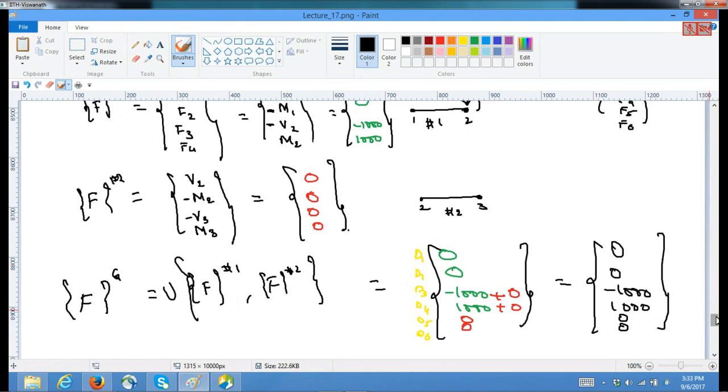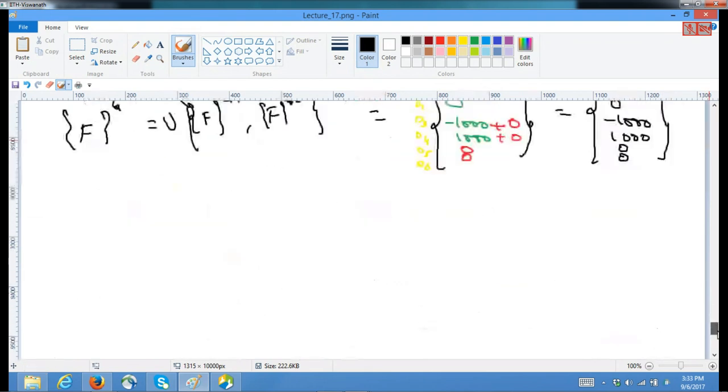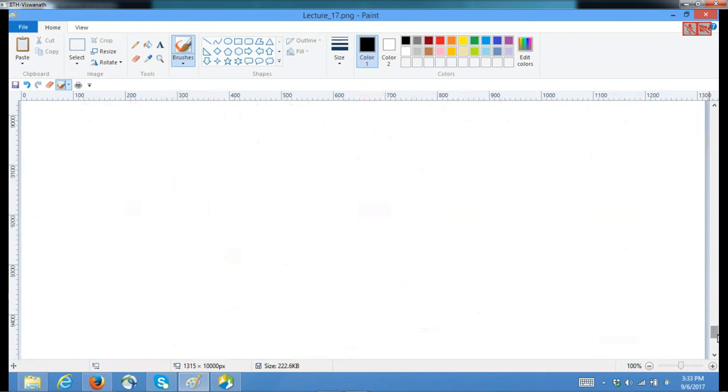Now, to solve this problem, we have kg, dg, and we have also fg. All the things are there to solve this system of equations.